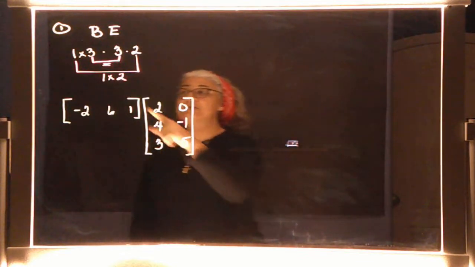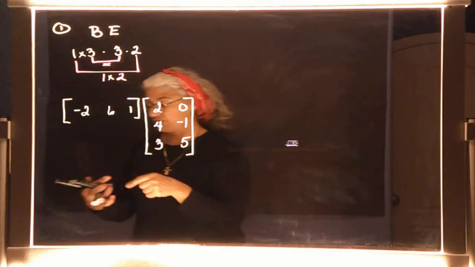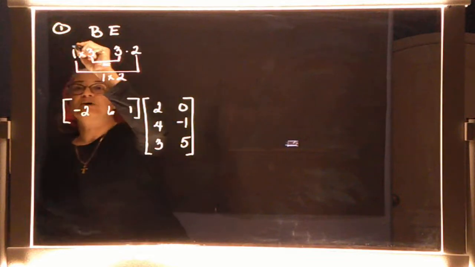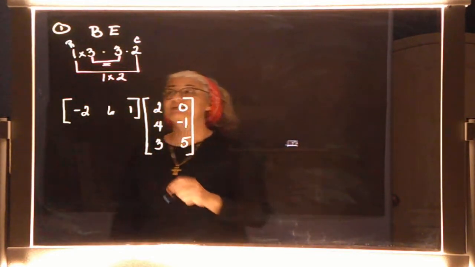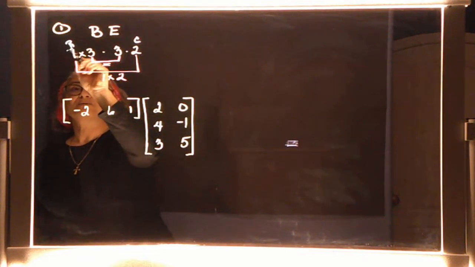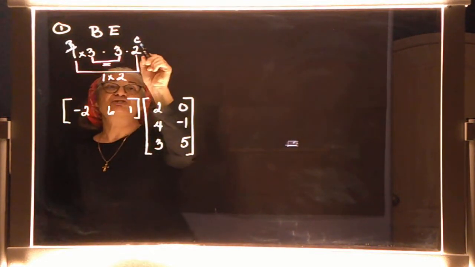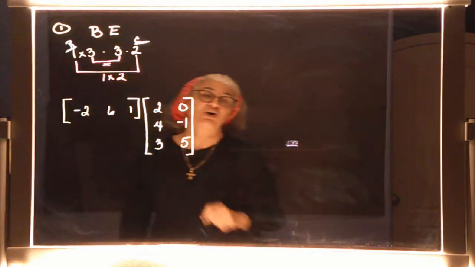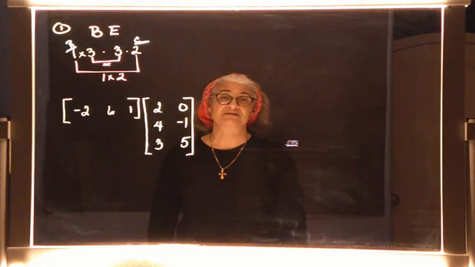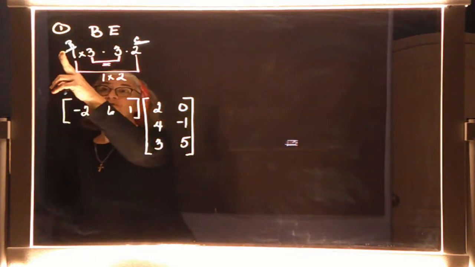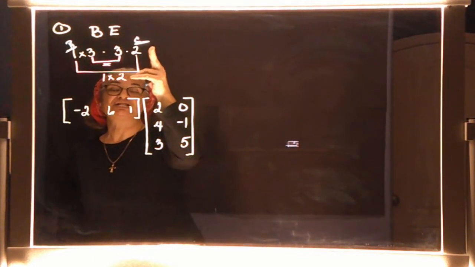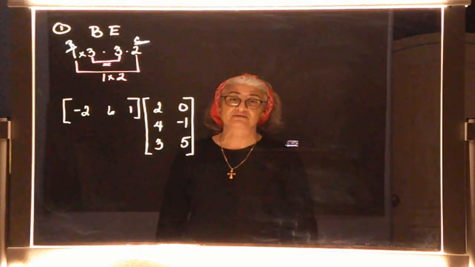Remember, the result was a 1 by 2. This represented the rows, this represented the columns. I'm going to take each row from the first matrix and distribute it, multiply it to each column in the second matrix. That's matrix multiplication. Each row in the first matrix is getting distributed to each column in the second matrix.